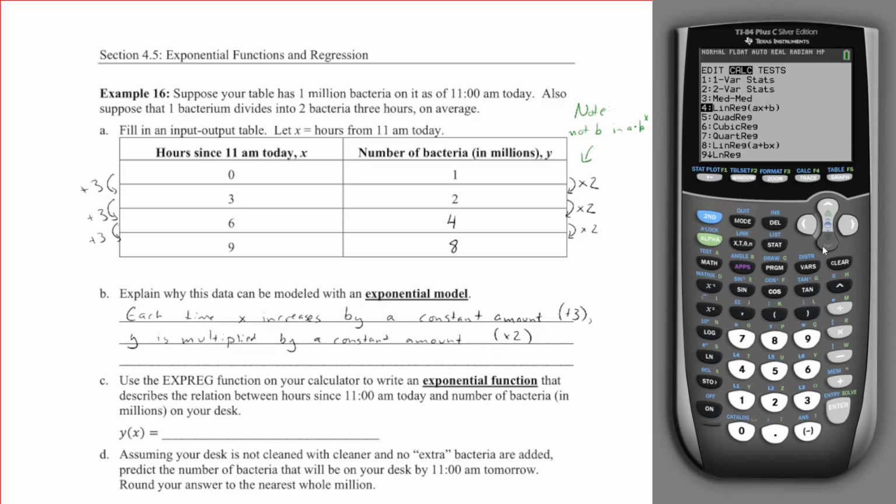And then we want to run expreg because we know this is an exponential function. And we'll go ahead and store our equation. And calculate. We'll get y equals 1 times, we'll round to 3 decimal places.